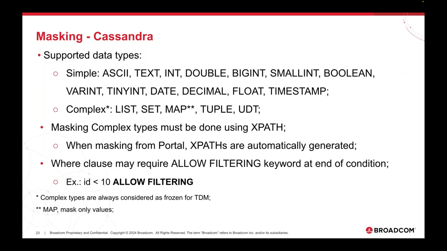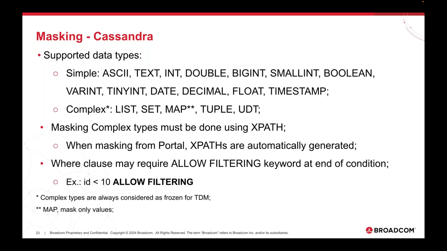For Cassandra, we also have some simple data types and complex data types. Now we don't have 2, but we have 4: list, set, map, tuple, and UDT, user-defined types. To mask complex types for Cassandra, it needs to be done by XPath. This will be automatically generated by the portal. You don't need to worry about that.